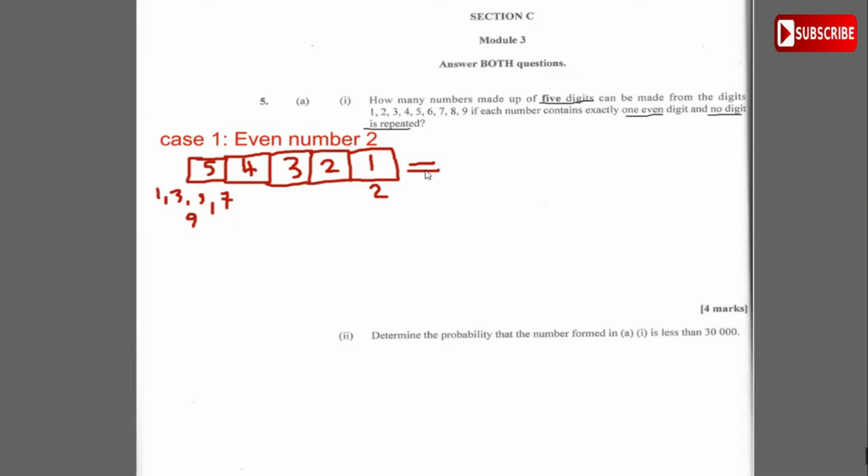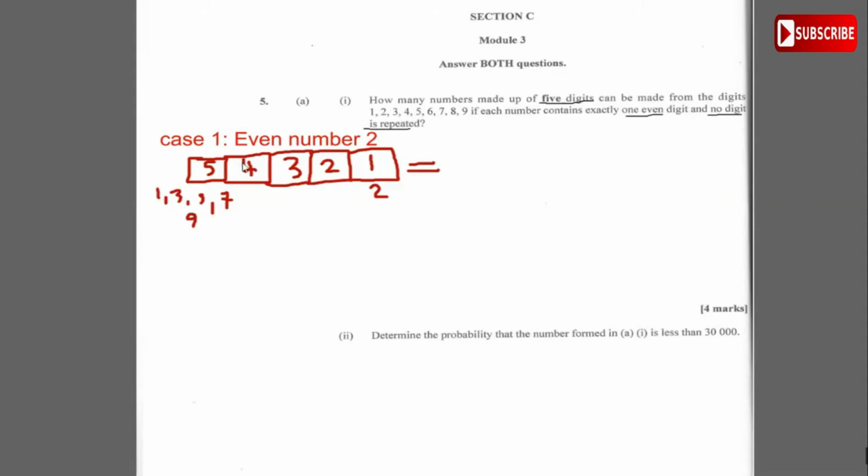So there's 120 possibilities. Let me see. 5 ways to choose here. 5 times 4 times 3 times 2. 5 times 4 is, let me just put it in my calculator. 5 times 4 times 3 times 2 times 1.